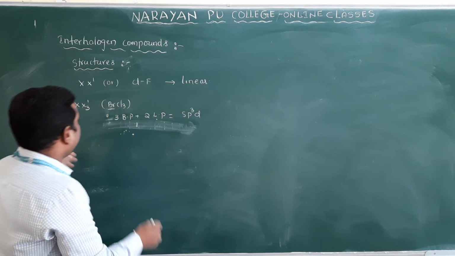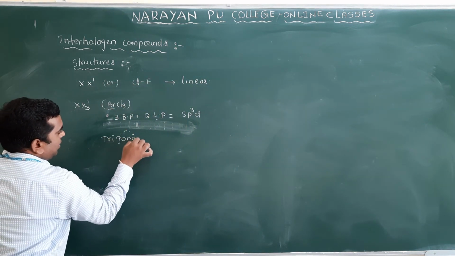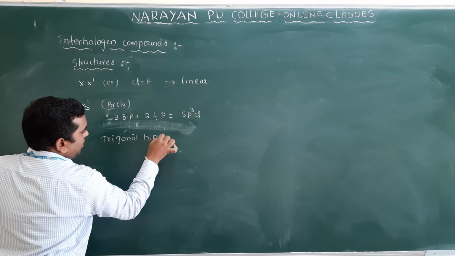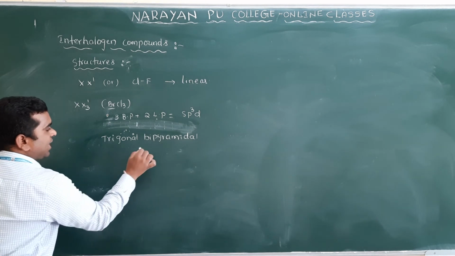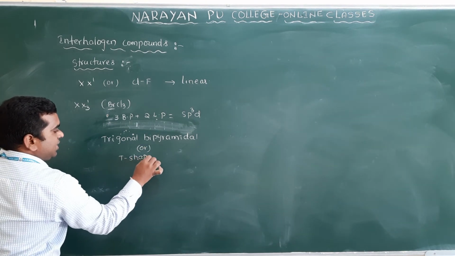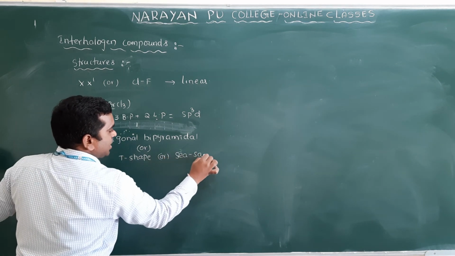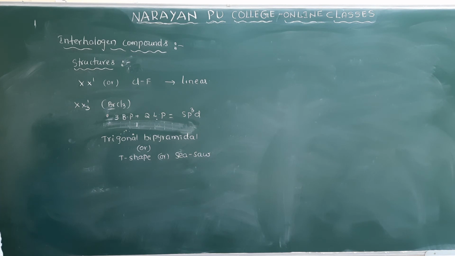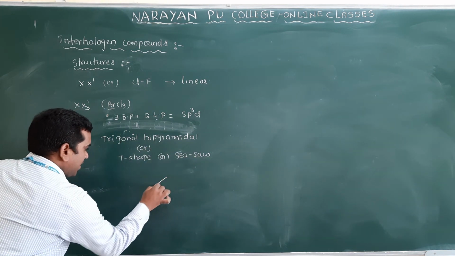The shape is T shape, or we can also call it a seesaw shape. Seesaw shape. And trigonal bipyramidal, I will write in this way.